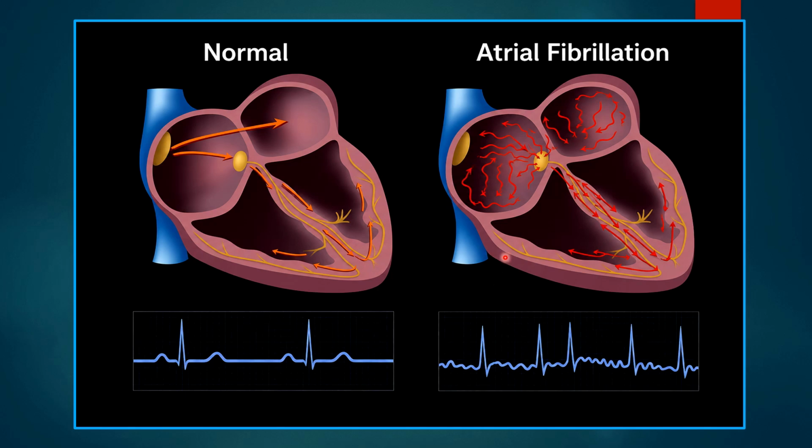In atrial fibrillation, the normal electrical conduction becomes chaotic and irregular. Multiple abnormal electrical impulses in the atria cause them to quiver instead of contracting normally. It leads to irregular AV node conduction and results in an irregular ventricular heartbeat.